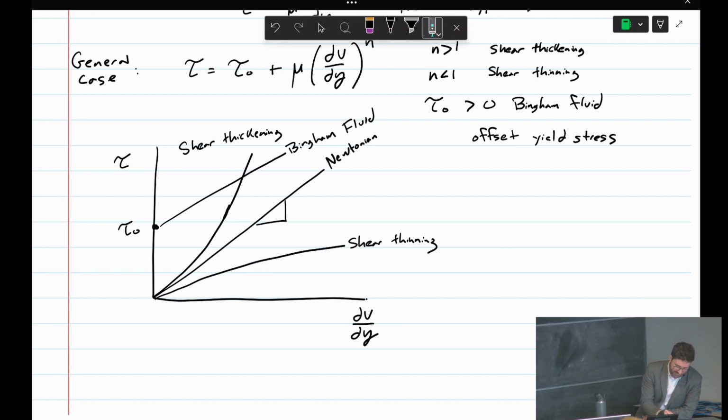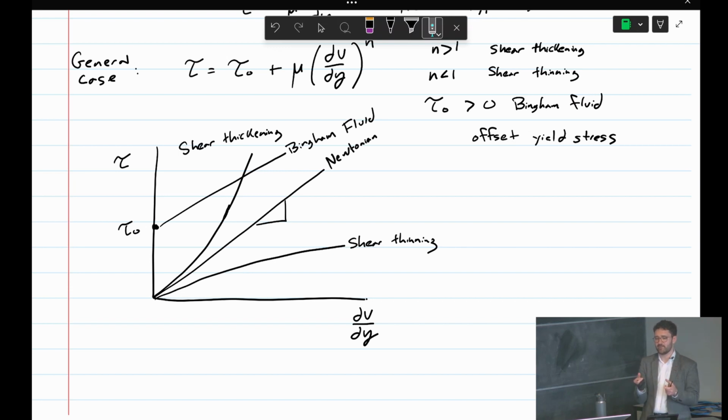So the Bingham fluid, that tau 0 is an offset yield stress, meaning that if you apply a shear stress to that fluid below tau 0, it actually doesn't yield at all. So it doesn't behave like a fluid at all, because we know any fluid, the definition is that it deforms continuously. So if you have some sort of yield stress before it starts deforming continuously, it behaves like a solid. A common example of this is like mayonnaise, like the low fat stuff.